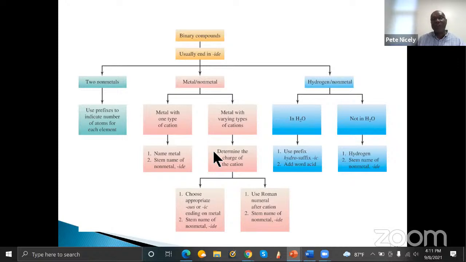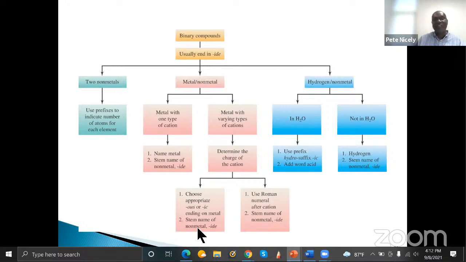And then you can use one of two methods. You can use the stock system, which uses Roman numerals, which indicate the charge on the cation, while the stem name of the nonmetal is added and then IDE, or you can use a classical way of naming these compounds where the ending of the name of the particular ion ends with OUS and IC.